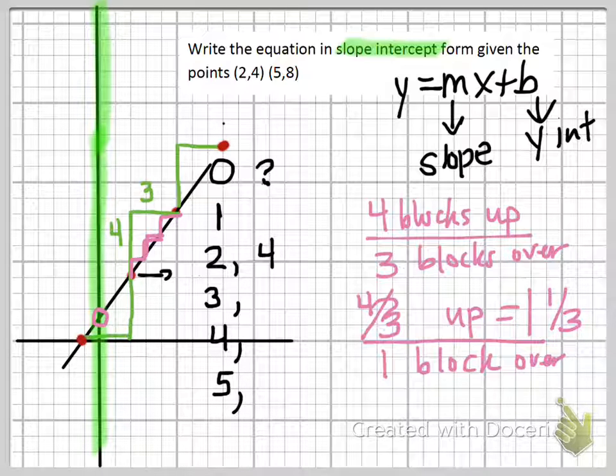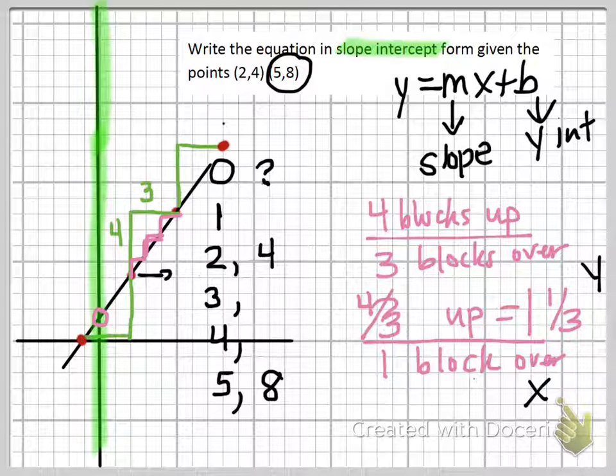So we know that at 5, my y is 8. We are suspecting that our unit rate, so for every time we go over, and remember over is the x and up is the y, every time I increase my x value, my y value should increase by 1 1/3.